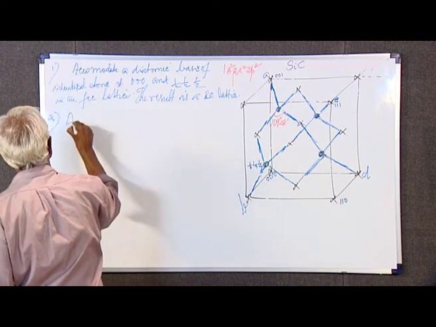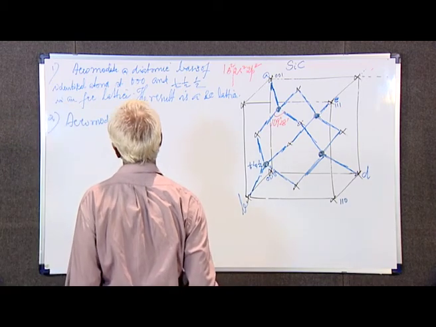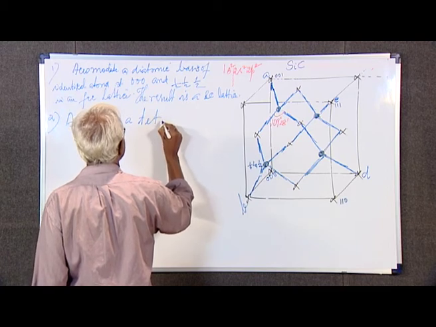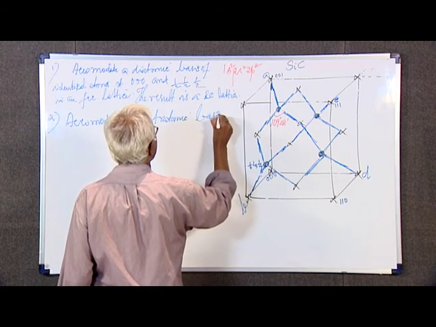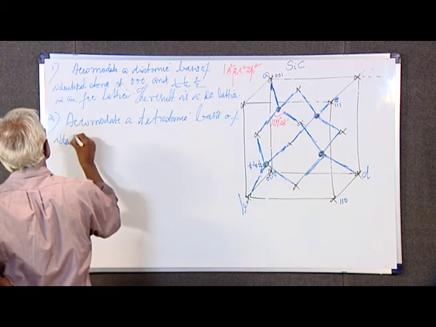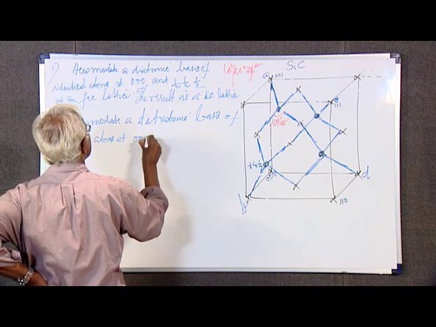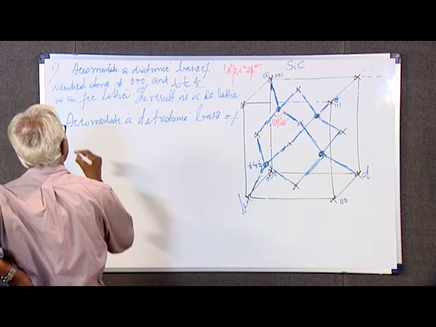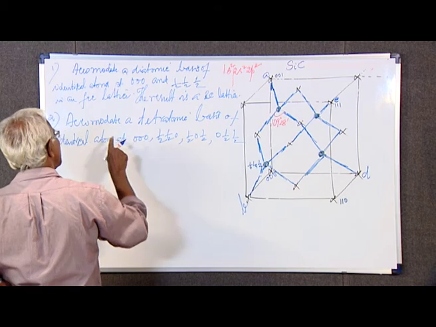The second problem is to accommodate a tetratomic basis, that is, a basis having 4 atoms, of identical atoms at 0, 0, 0; half, half, 0; half, 0, half; and 0, half, half.